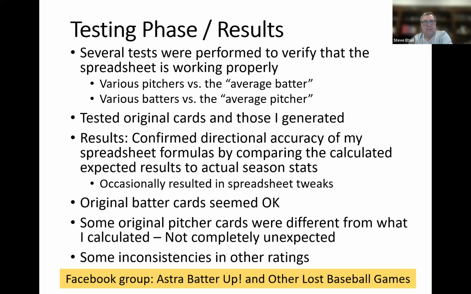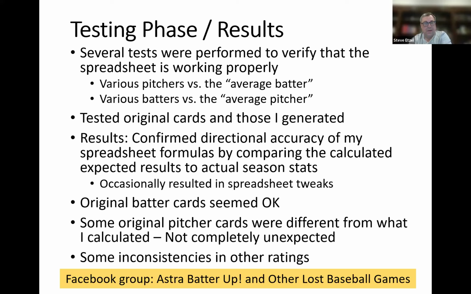And I did those tests both on the original cards from the game and from those that I generated. And I was able to confirm the directional accuracy of my formulas. And occasionally I went back and did some tweaks to the spreadsheet. So it's an iterative process.